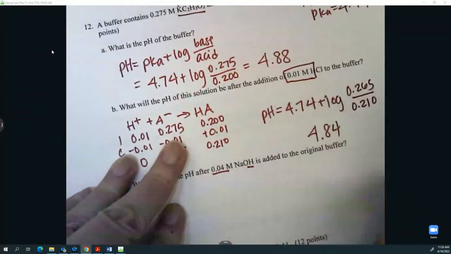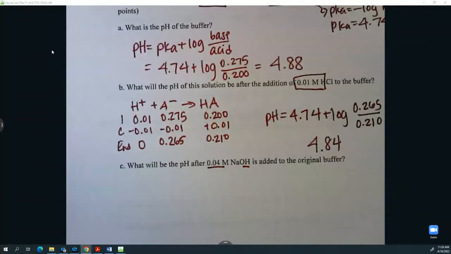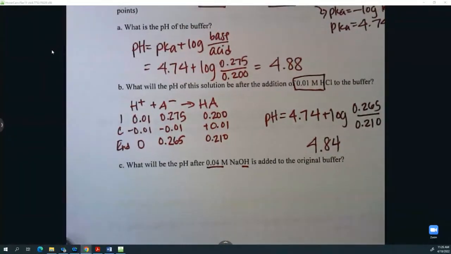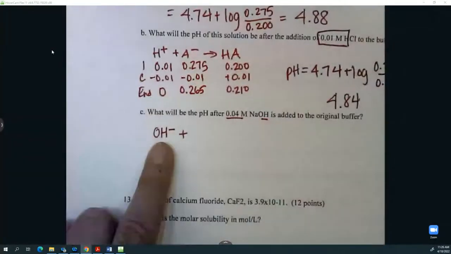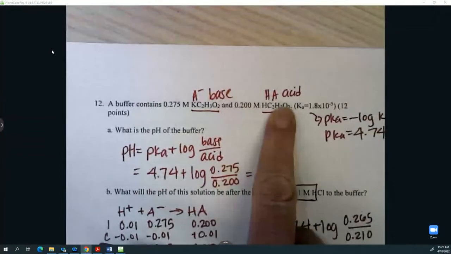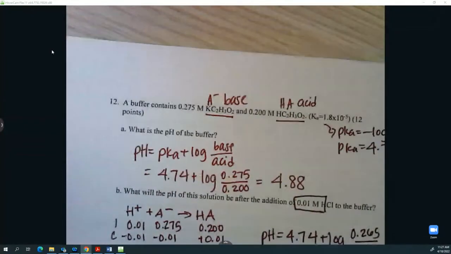So just like for the acid, where whatever the concentration of the strong acid was, that was the concentration of H+. This is for the OH-. So that's what I care about here. This base is going to react with my whole acid.